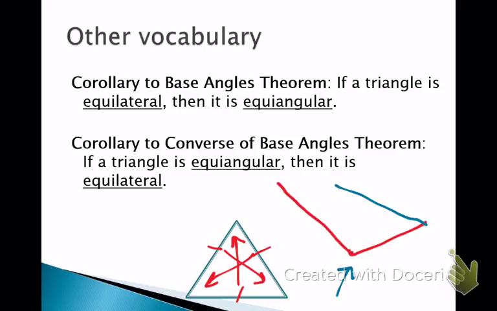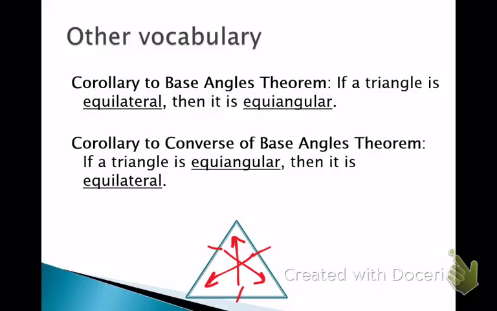What has to happen to this opposite side? Well, this opposite side would have to get longer as well. So the bigger the angle in a triangle, the longer the opposite side, and vice versa, the longer the side is, the bigger the opposite angle has to be.